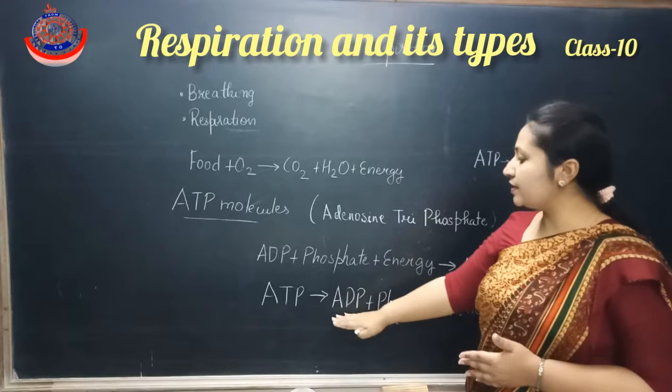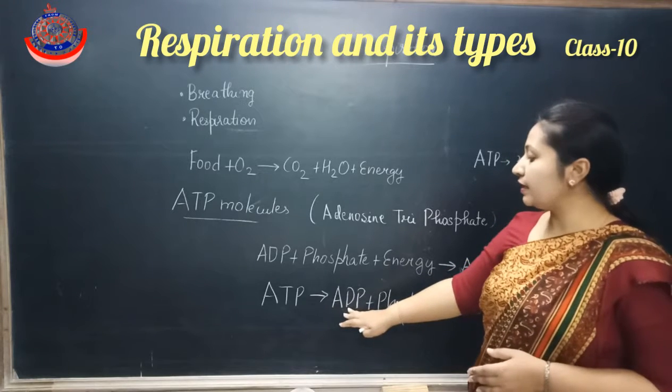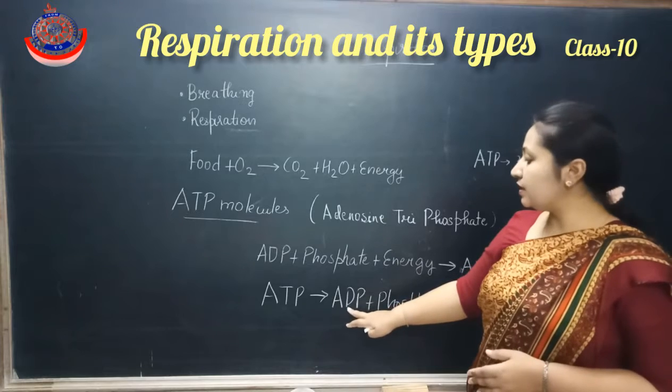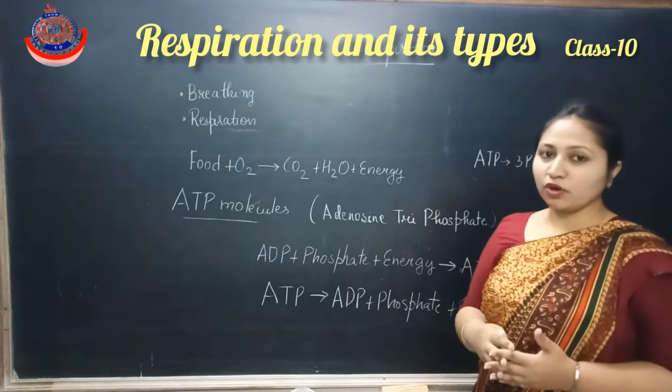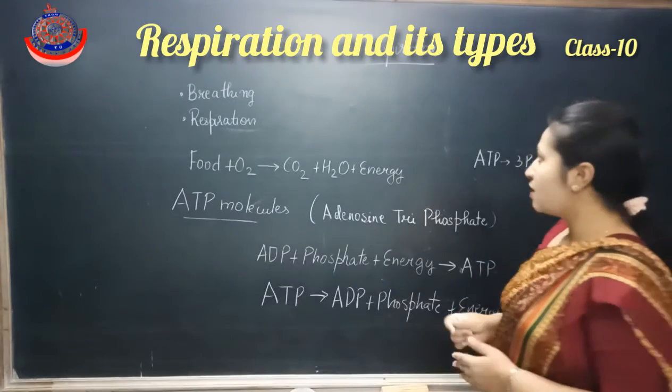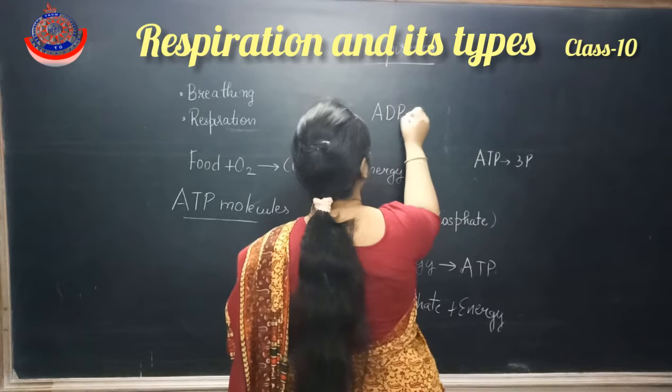Now what is this ADP here? ADP means adenosine diphosphate. The D represents the di here. It means only two phosphate molecules are present. But what happens when the ADP breaks down?